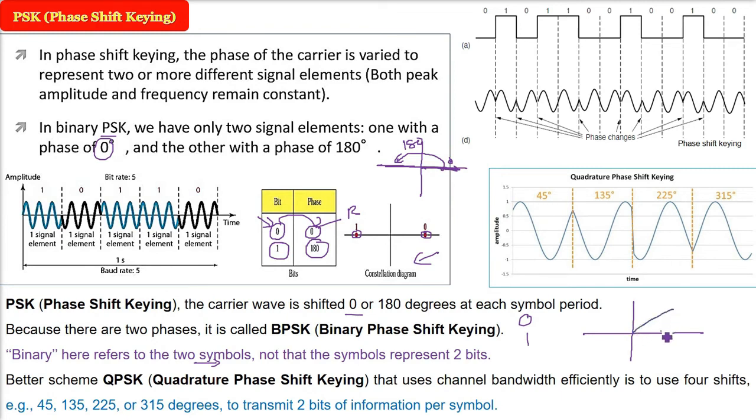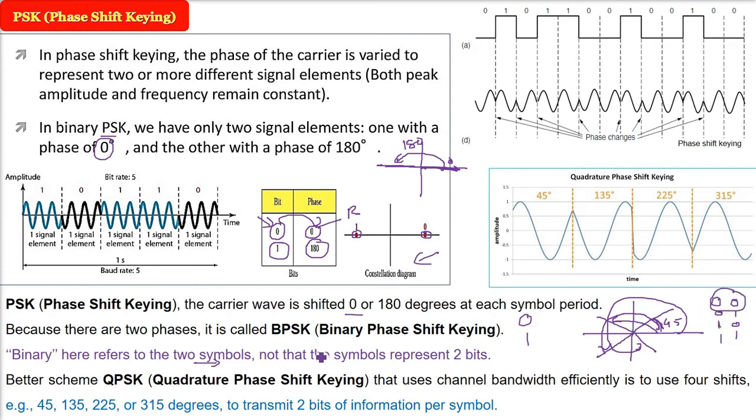So you can represent 4: 45 degrees from the x-axis, this angle is 135 degrees, this angle from the positive x-axis is 225, and this whole angle is 315 degrees. Now this scheme is QPSK. We are using 4 different angles. One can be used for 0 0, the second can be 0 1, the third can be 1 0, the fourth can be 1 1.